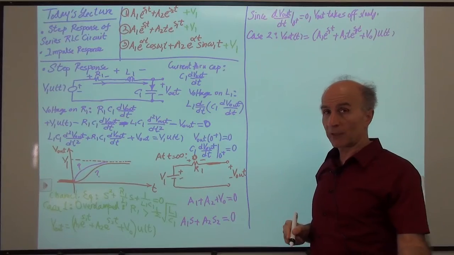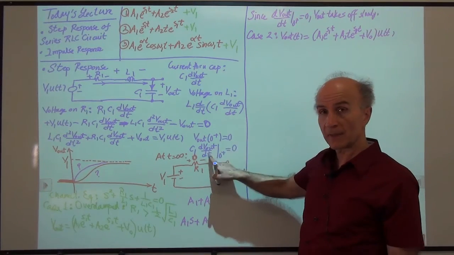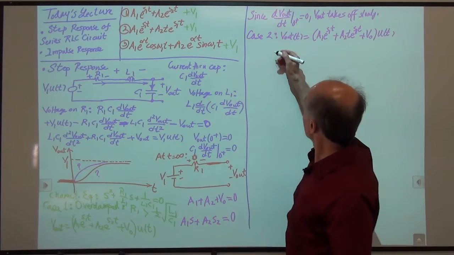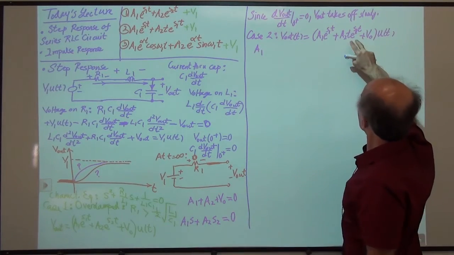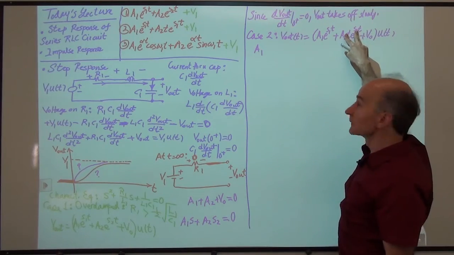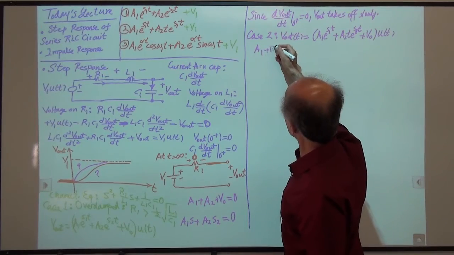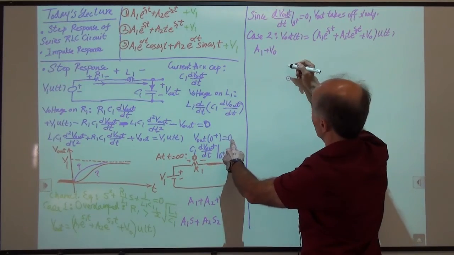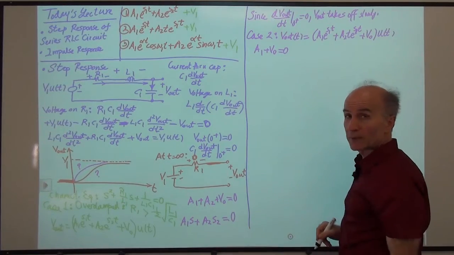And again, how do we find A1 and A2? Same story. We have to have this condition and this condition. So at time 0 plus, this is 0, you have A1 plus V0. So A1 plus V0 should be 0. And then the derivative also should be 0.